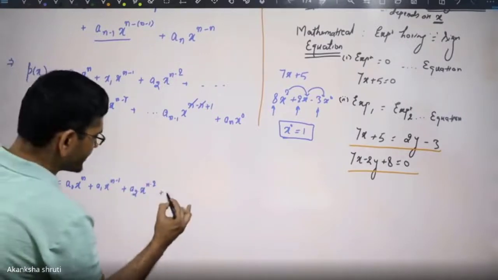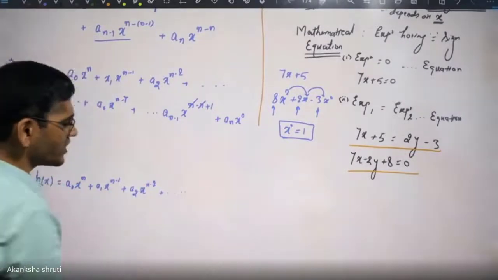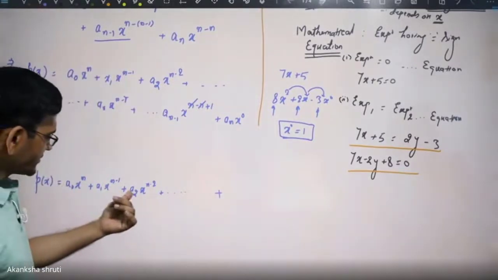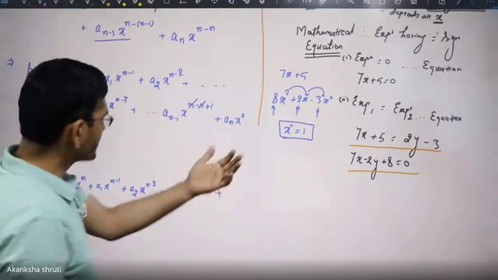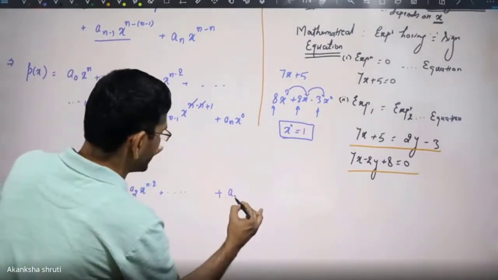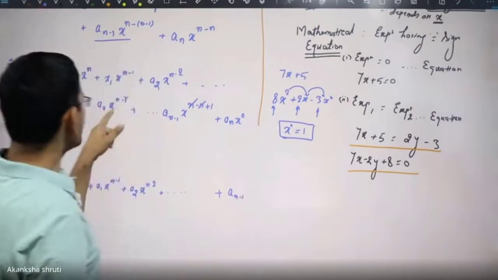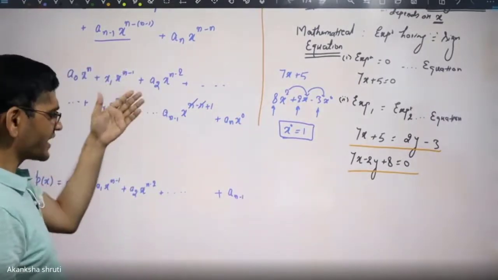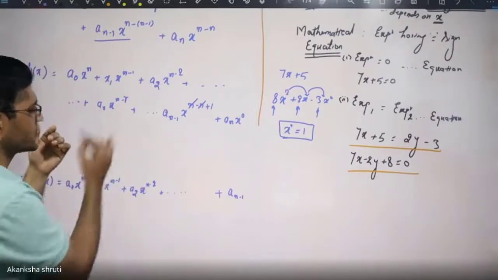Go on writing. How long shall I go? I shall go on increasing this a1, a2, a3 up to an, or just a term before that, which is an minus 1. Intermediate term we may take ar x to the power n minus r, but it is not required to write.